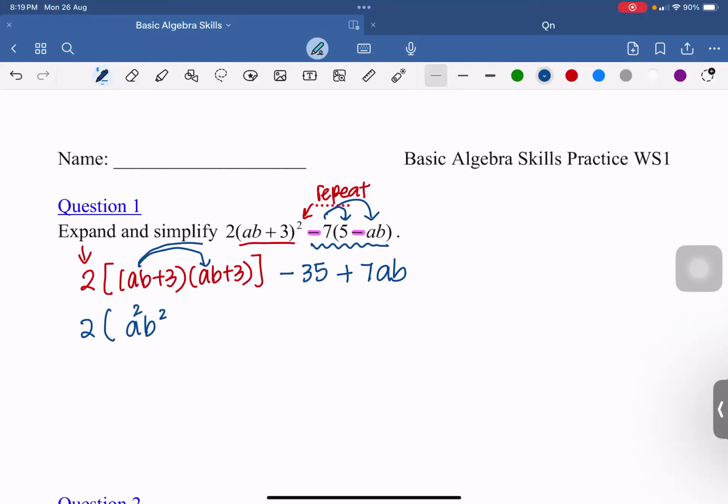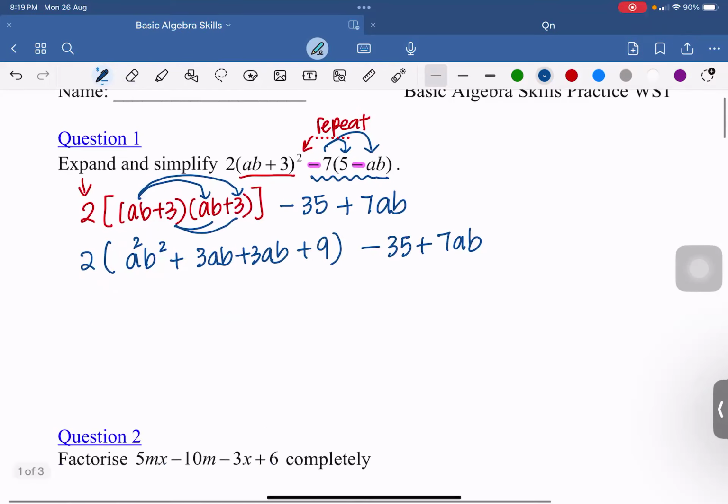Then ab times 3, 3ab. 3 times 3, positive 9. Minus 35, 7ab. Next one. What can I do with my number 2 now?